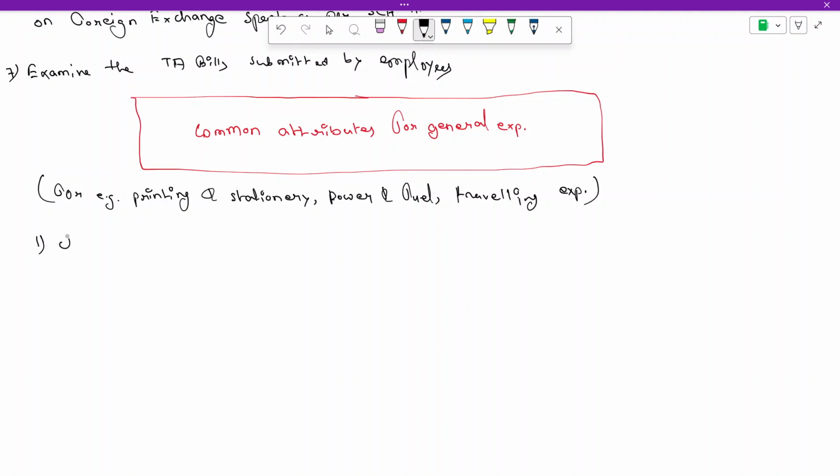First of all, check whether the expenditure is in revenue nature.